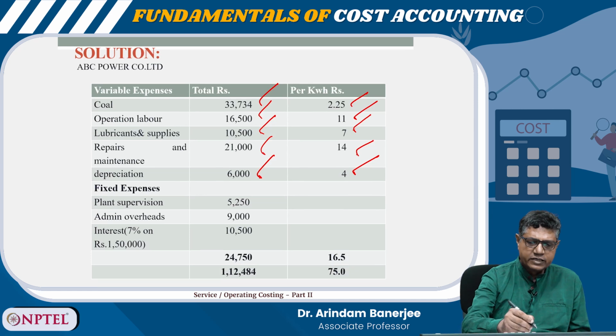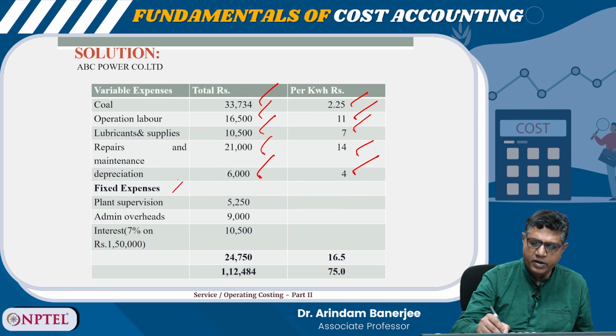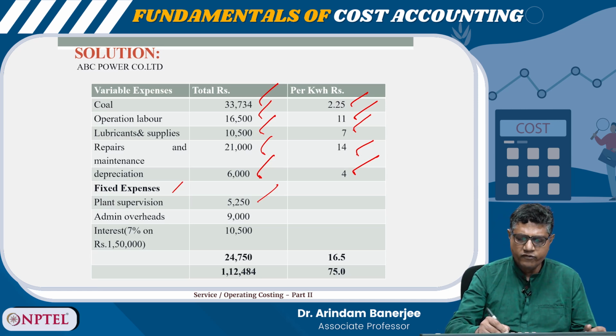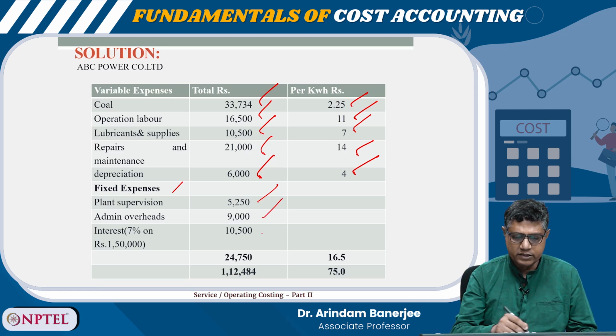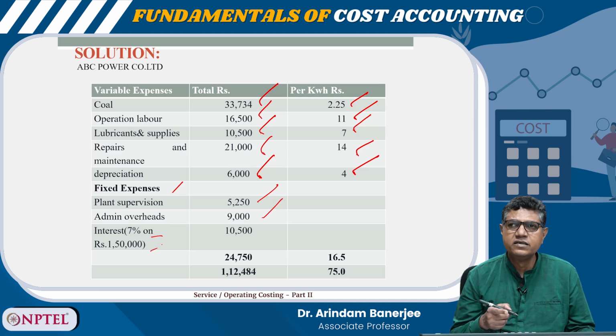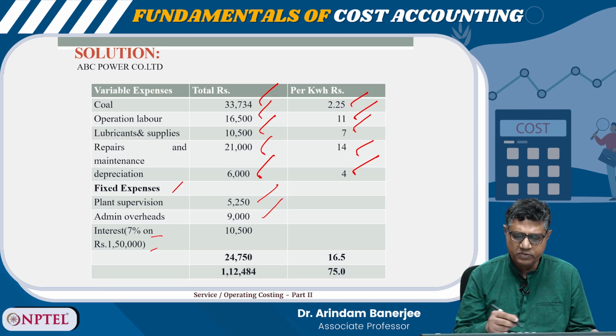Now, there are fixed expenses like plant supervision 5,250, admin overheads 9,000, interest 7% on, because 1% above the RBI rate, so 6% plus 1%, 7%, so 10,500.